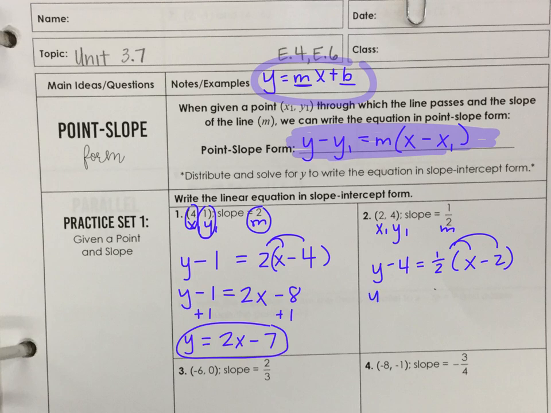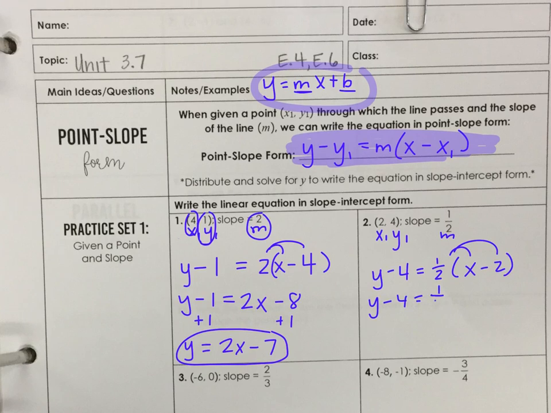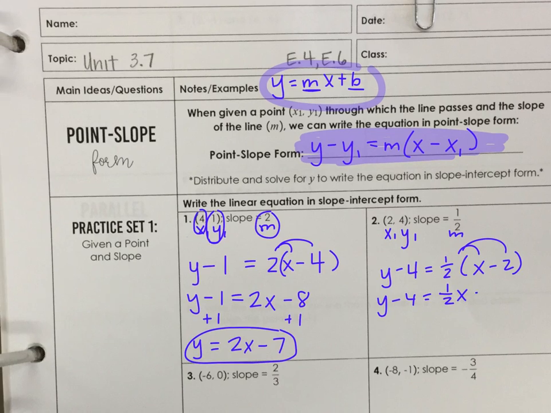Distribute: y minus 4 equals 1/2 x minus, 1/2 times negative 2 is negative 1. I'm going to add 4 to both sides. Y equals 1/2 x plus 3. And there's your answer.